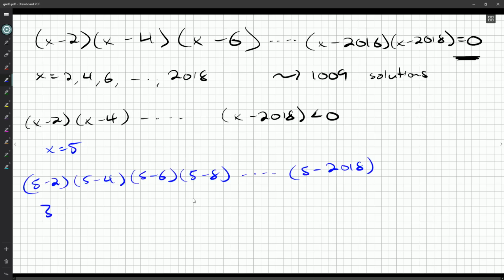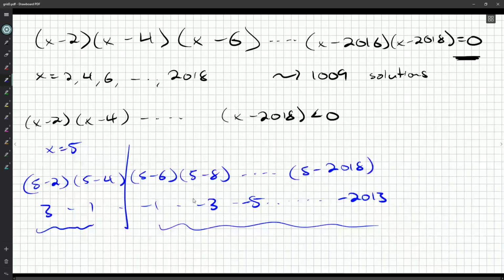You'll get 3 times 1 times minus 1 times minus 3, then minus 5, then minus 7, all the way down to minus 2013. Depending on the x value, some terms will be positive up to a particular point, and then afterwards they'll be negative. This was true up here, except one of the terms would eventually be 0: positives, a single 0, and then some negatives.